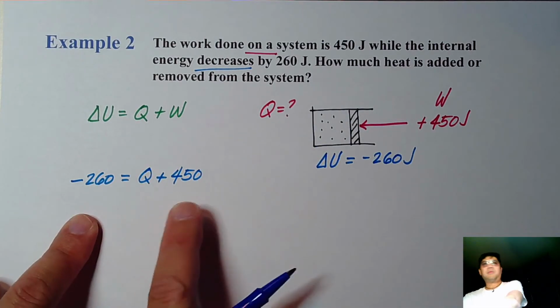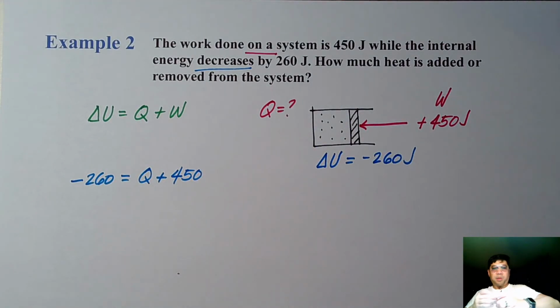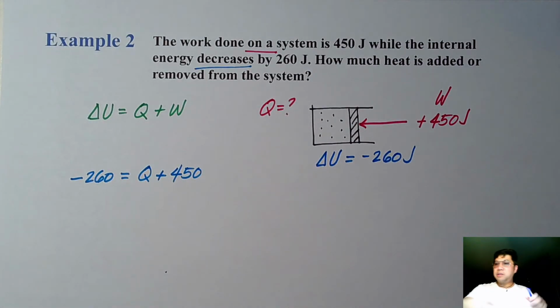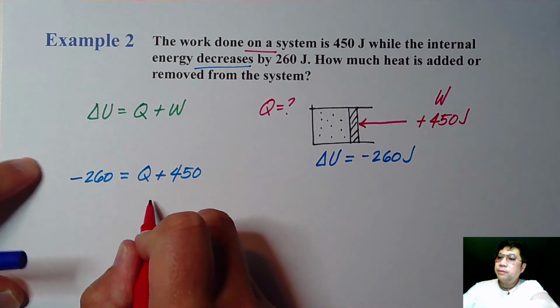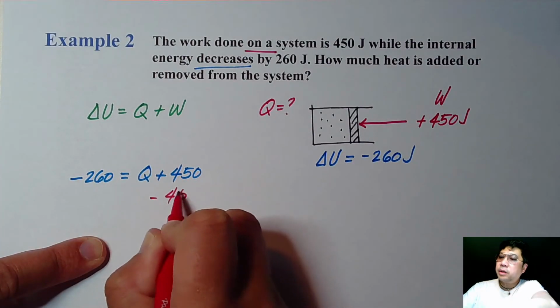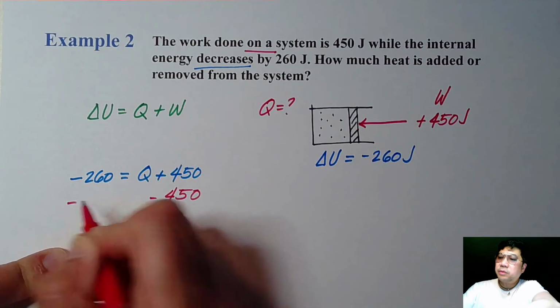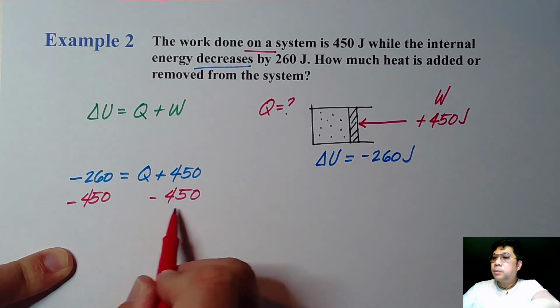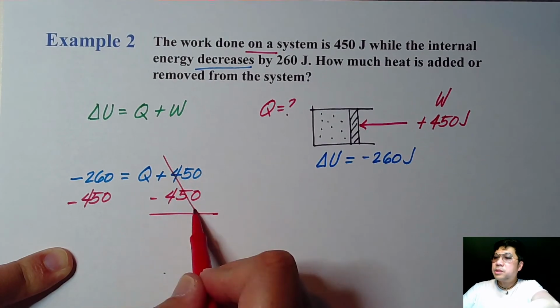In order to get rid of 450 on this side and move it to the other side, let's subtract 450 on both sides of the equation.